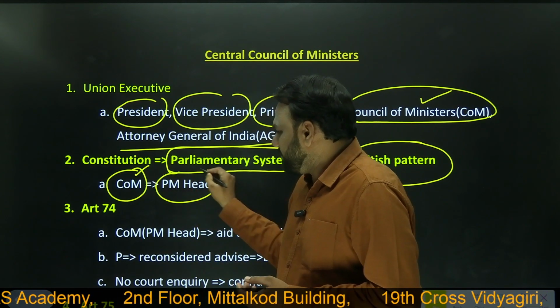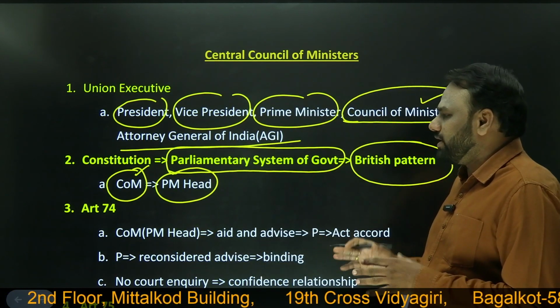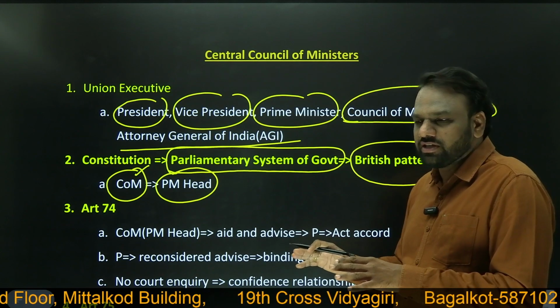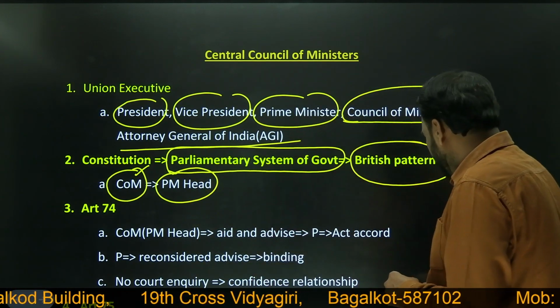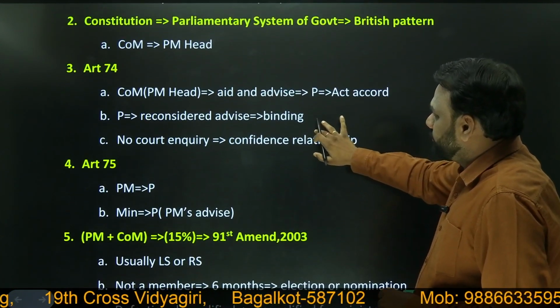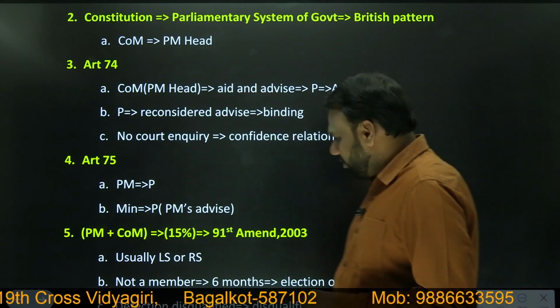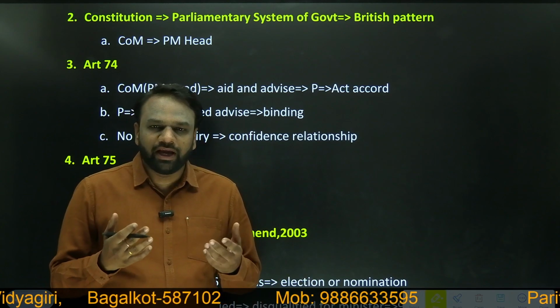Prime Minister will be its head. As India also has a parliamentary system of government, we also have Council of Ministers, and Council of Ministers is headed by Prime Minister.